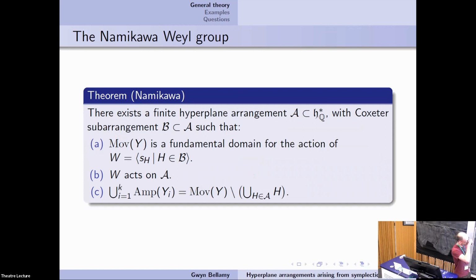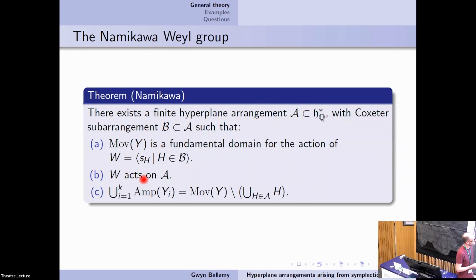Okay, so the previous statement is true in some great generality in rational geometry. This one is far more specific to these conic symplectic singularities. So the claim is there's some finite rational hyperplane arrangement inside H star, which contains a Coxeter subarrangement, which has the property that, first of all, this movable cone is a fundamental domain for the corresponding action of the Weyl group.